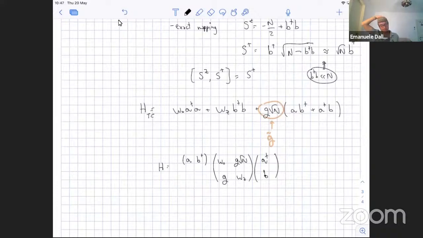But I can simplify it if I put A and B dagger on the left and A dagger and B on the right; up to a constant, I get exactly the same Hamiltonian. So you see that this is A dagger A, this is B dagger B, and this is A B dagger.